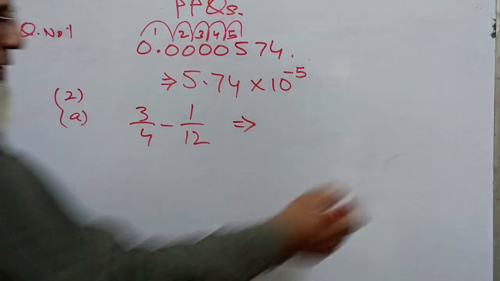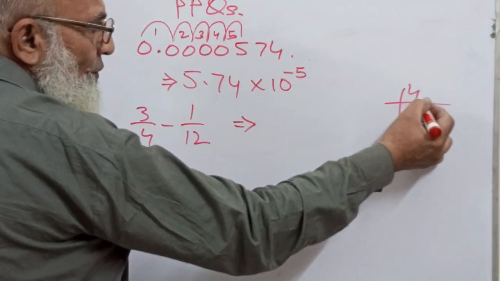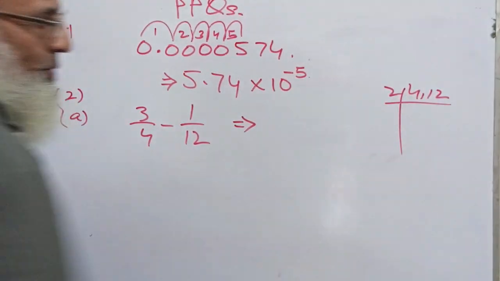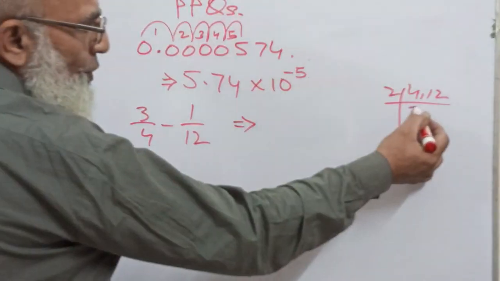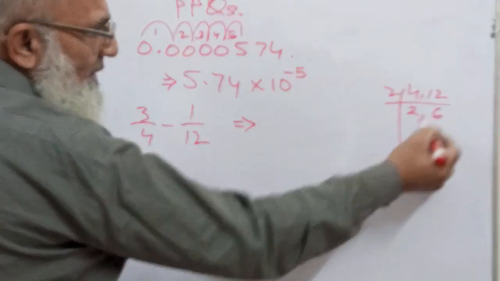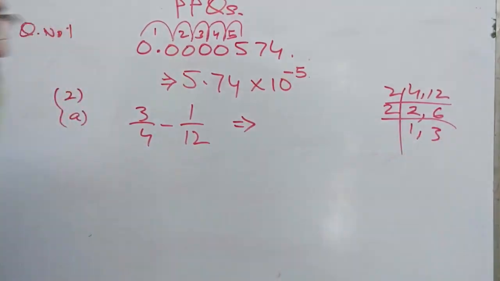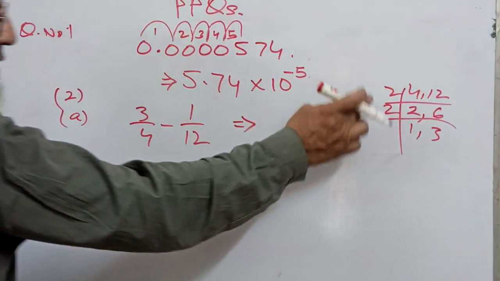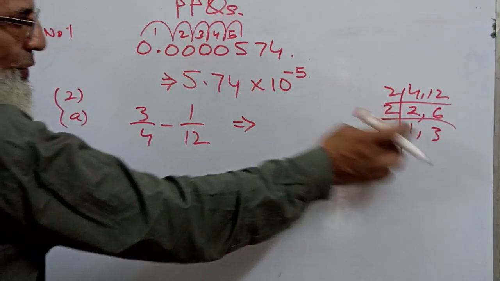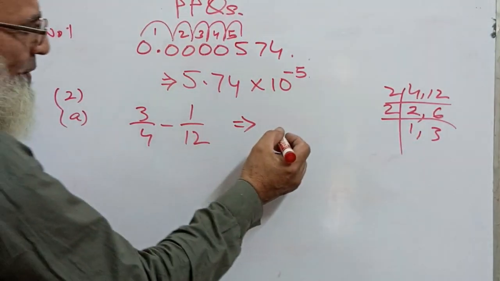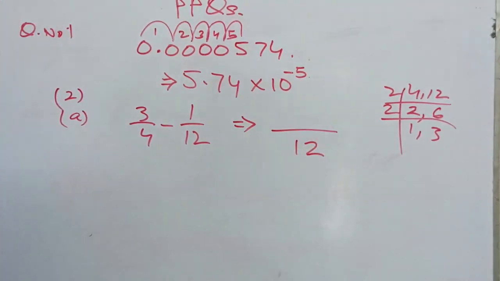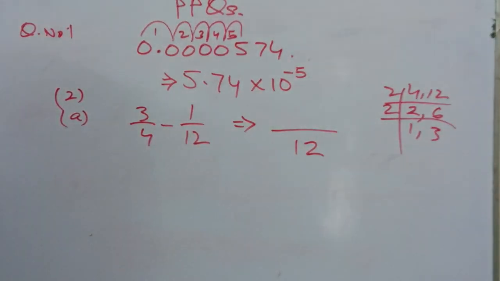You can also calculate it like this: 4 and 12, 2 times, 2 times 4 and 2 times 6, and again 2 times 2 and 2 times 3. You see that 2 times 2 is 4, and 4 times 3 is 12. So it has become 12. As I told you, the larger number will be your LCM.